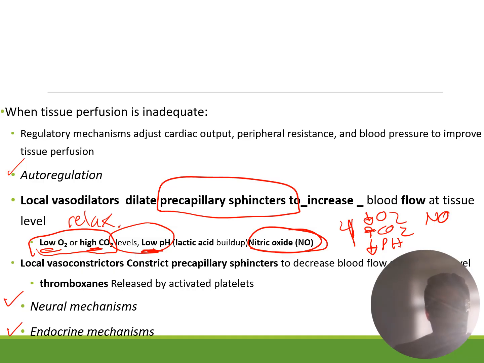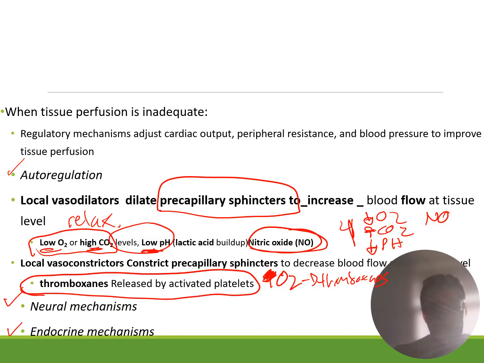Local vasoconstrictors. So if we have the opposite happen, if we have more oxygen, then there will be a release of thromboxanes. These are released by activated platelets so that there is less blood flow to that section of the capillary.